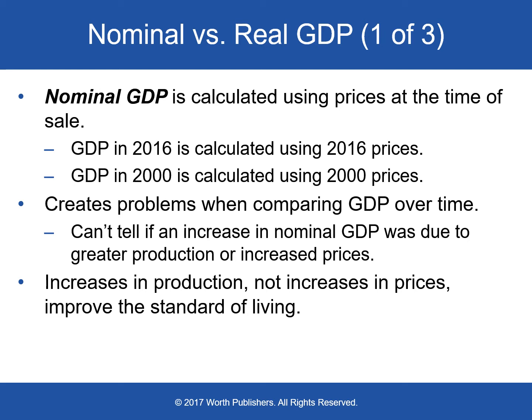It was just prices being higher. So we want to have a way to cancel out the inflation effect. And especially when we're comparing GDP in different years, we want to be using the same comparable dollar measurement.